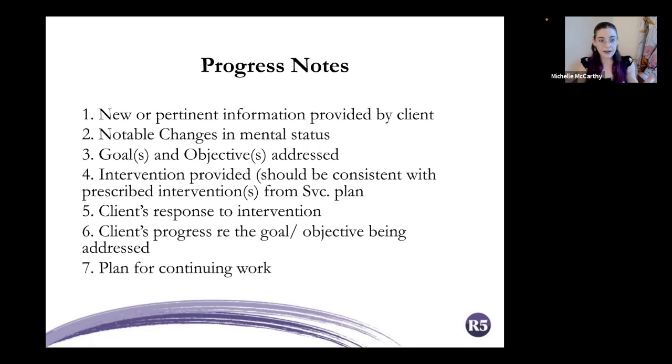So a great example would be the client comes to me and they're talking about how difficult the past couple of weeks have been. And I'm looking at their treatment plan and I'm noticing one of our goals was to learn and implement grounding techniques, because the client gets flashbacks and they get triggered easily and they have a really hard time pulling themselves out of that.